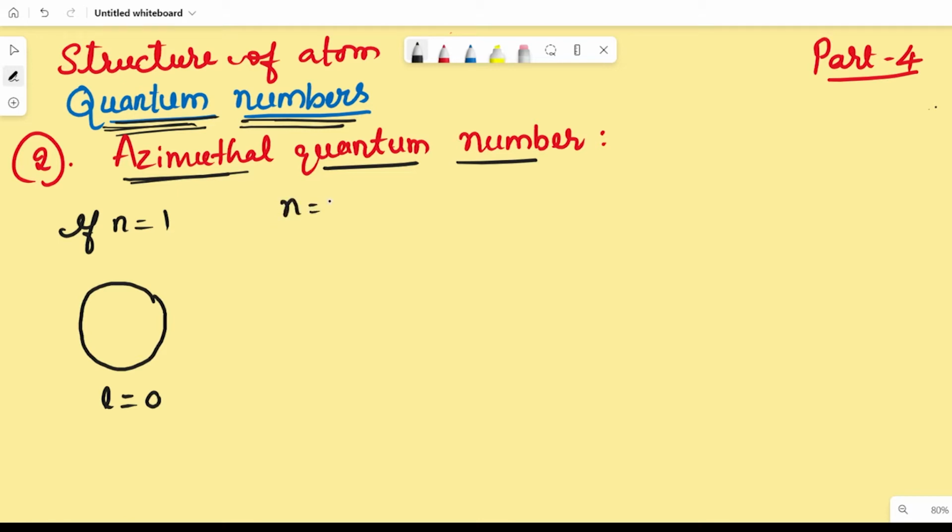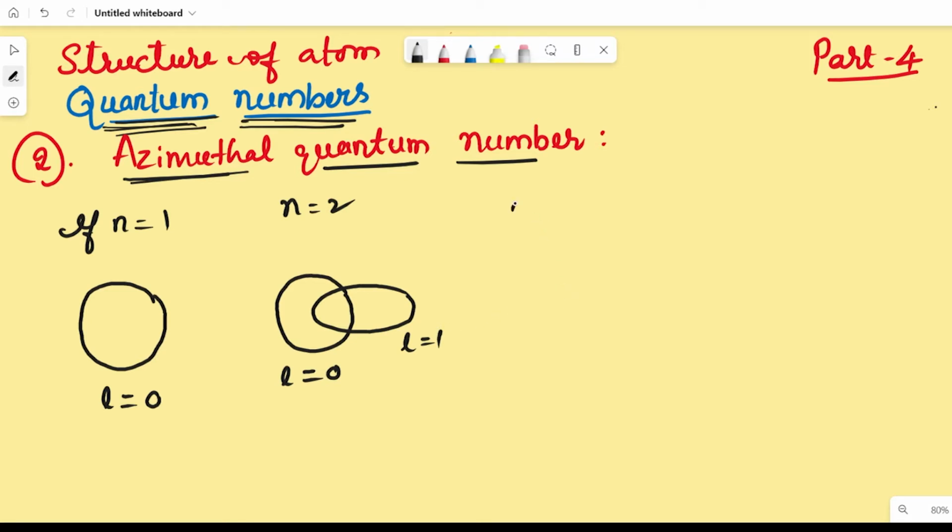If n is equal to 2, it has one circular orbit and one elliptical orbit, right? So here L is equal to 0 and L is equal to 1. According to Sommerfeld's theory, he introduced one elliptical orbit from the second shell. To the Bohr circular orbit, he added one elliptical orbit. Because of adding these elliptical orbits only, he explained the fine spectrum of the hydrogen atom, right?